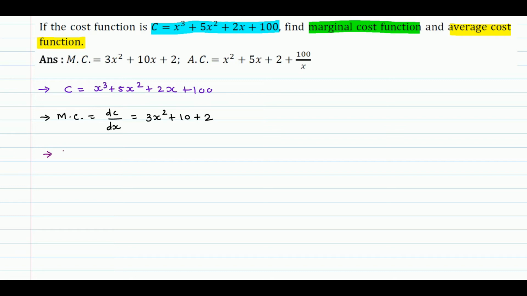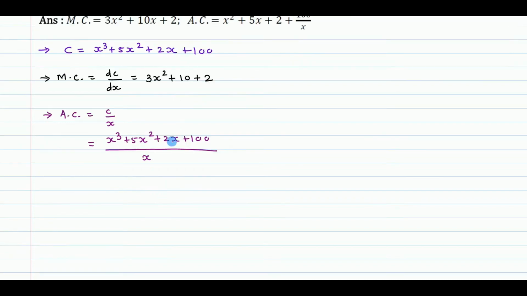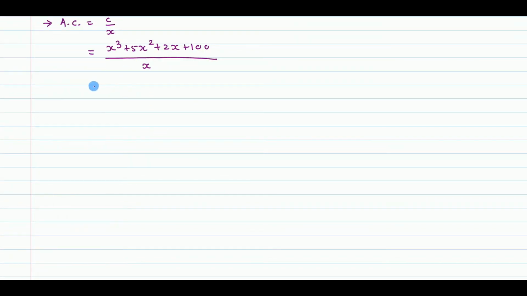Now find average cost. Average cost is equal to C divided by x. C by x means the cost function x cube plus 5x square plus 2x plus 100 divided by x. Now dividing each term by x, we get x cube upon x plus 5x square upon x plus 2x upon x plus 100 upon x.